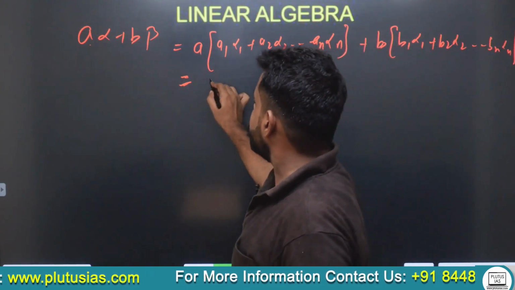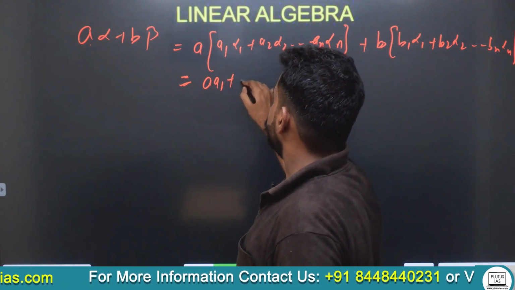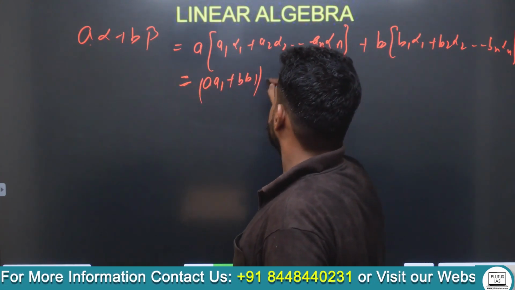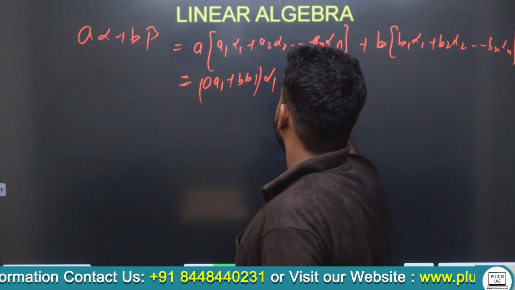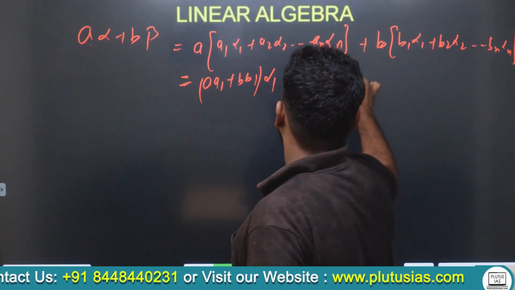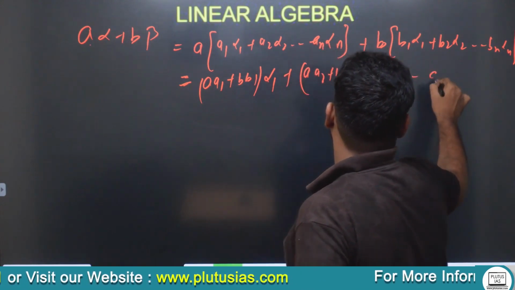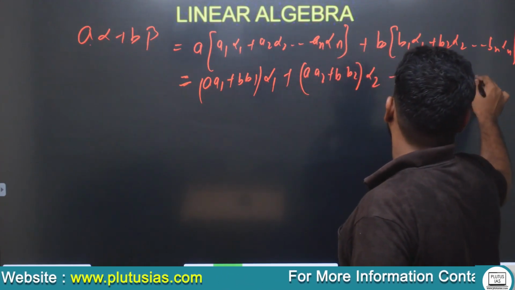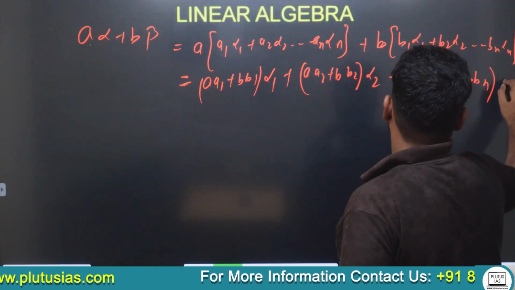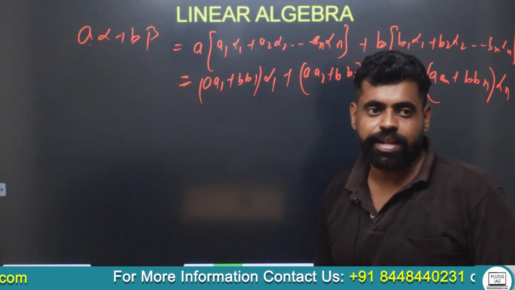Sorry, this is alpha only for beta. So we can write that a1 plus b1 into alpha 1, plus a2 plus b2 into alpha 2, dot dot dot, plus an plus bn into alpha n. Nahin, coefficient agar saath le le sare.